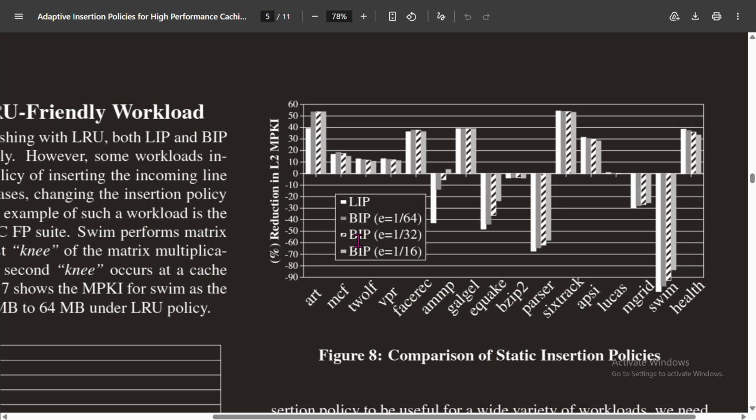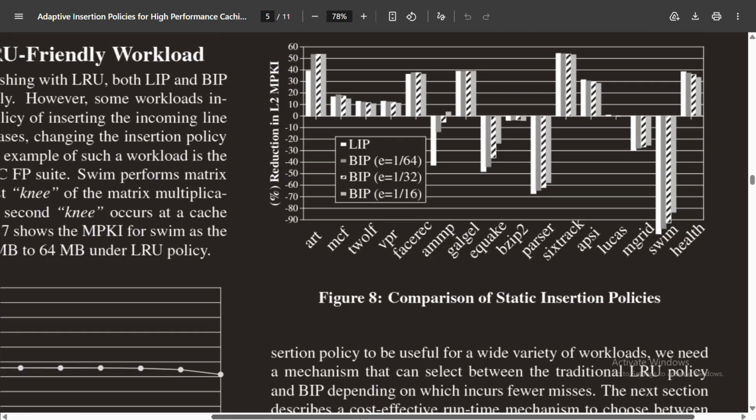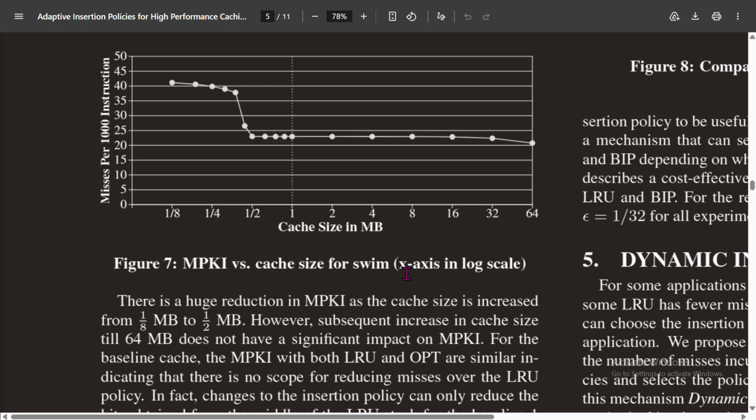LIP, BIP with epsilon 1/64 and so on. This is the diagram. Let's read the results.